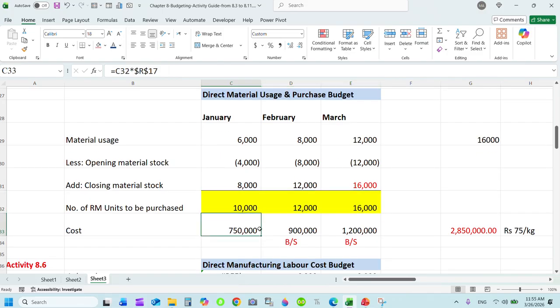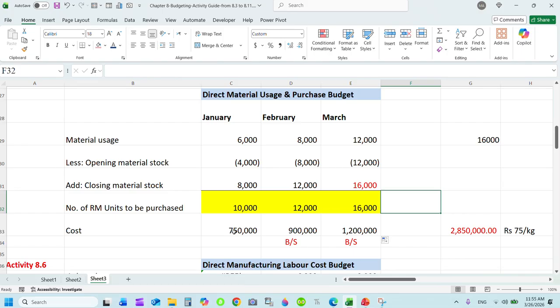Purchase cost is equal to this times 75 rupees, 750,000. And this is your purchase cost budget, right?